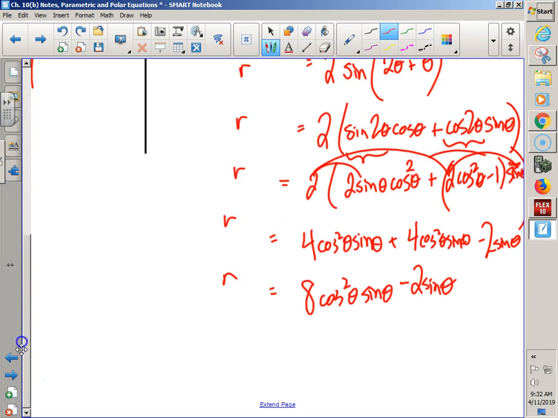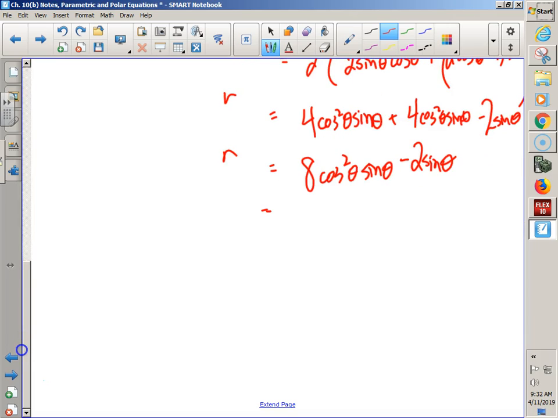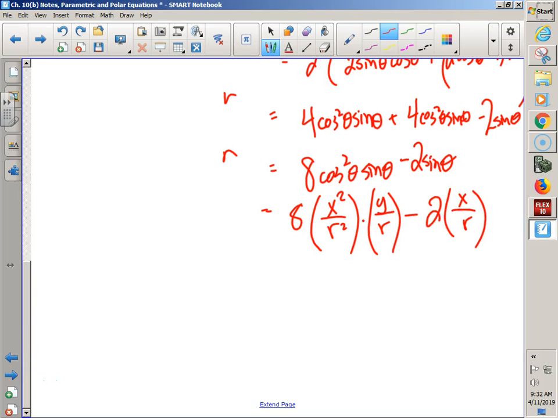All right, so this is going to be 8 times cosine, x over r squared, times y over r, minus 2 times x over r equals. I think I need to multiply everybody by an r cubed maybe. Will that get rid of everything? If I multiply this guy by an r cubed, and I distribute, that's going to be an r to the 4th.